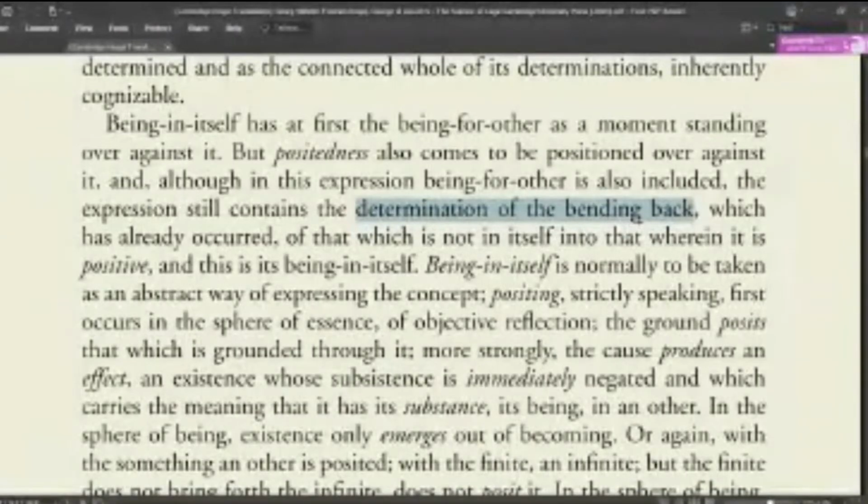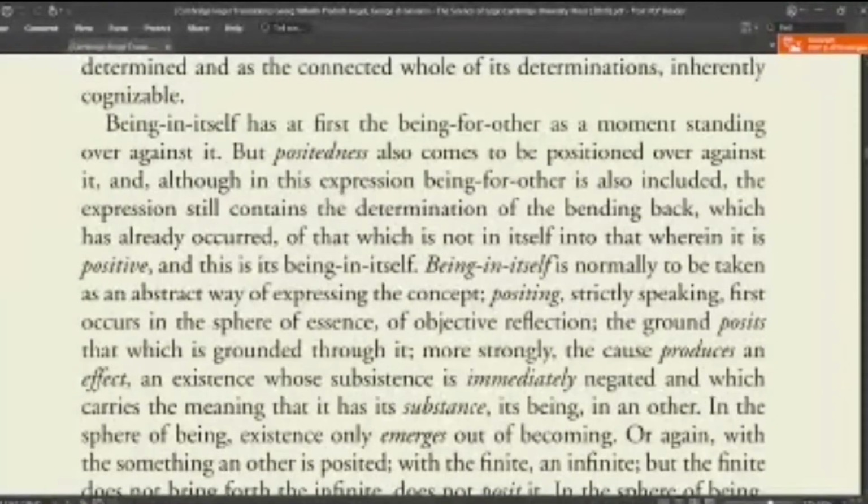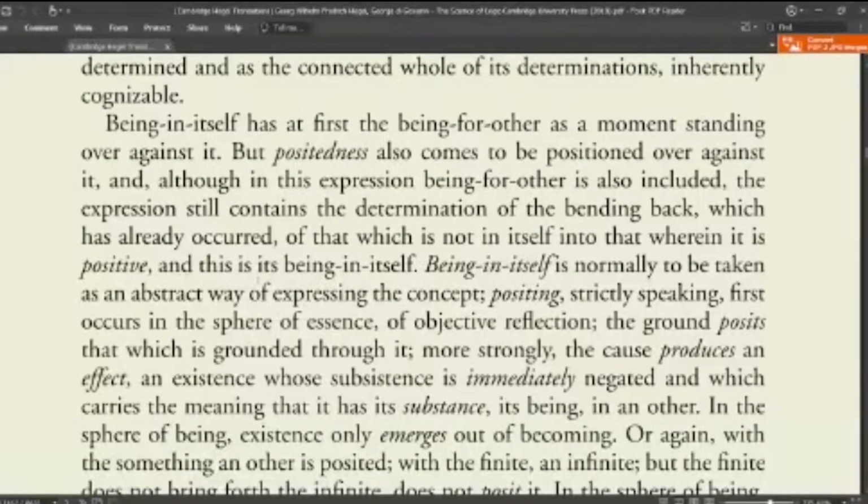You should be able to see the connection between these two. A self-reference is what? It's sort of a meaning which bends back, relating to itself. Which already, the determination of the bending back, which has already occurred, of that which is not in itself into that wherein it is positive, and this is its being in itself.